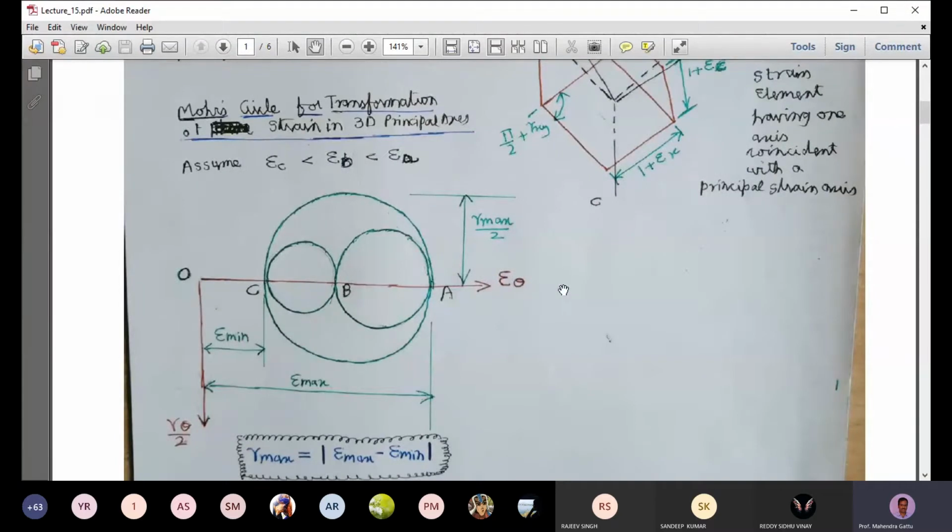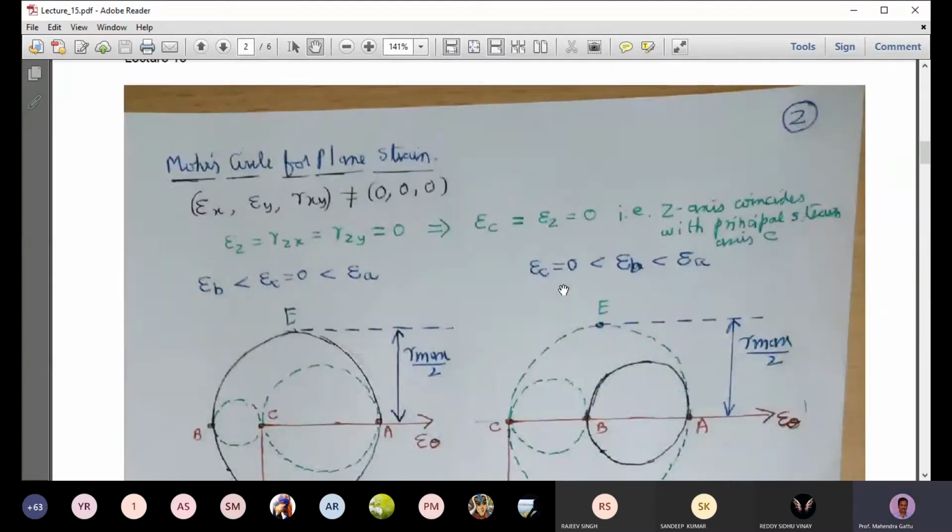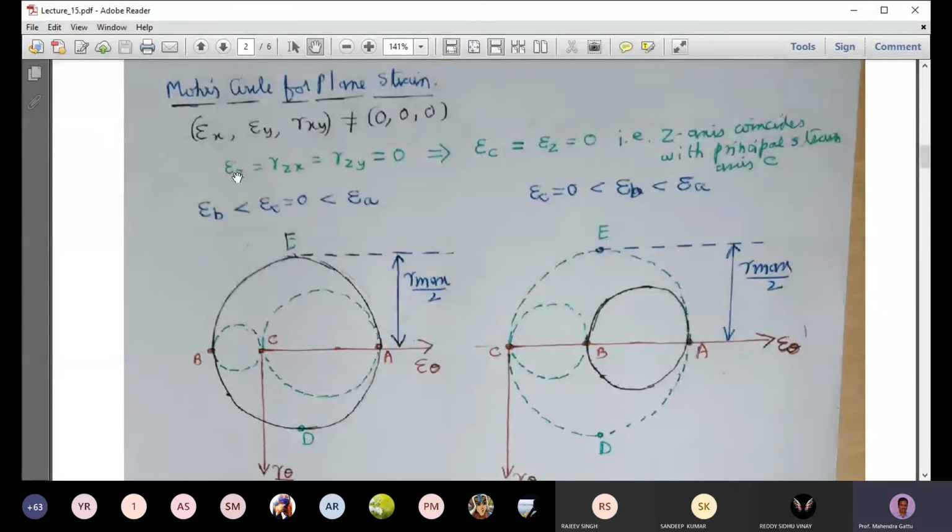Now we can apply this concept to the plane strain. So in plane strain, we already know that the in-plane strains are non-zero. So epsilon x, epsilon y, and gamma xy are non-zero, and epsilon z is 0, and the shear strains gamma xz and gamma yz are 0.